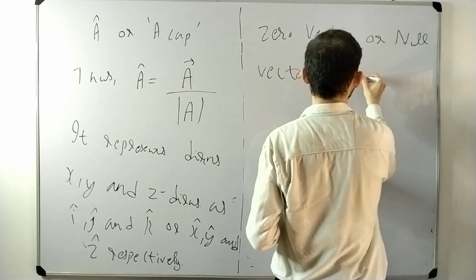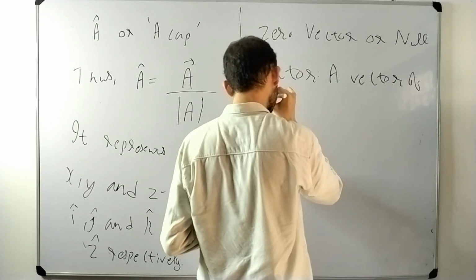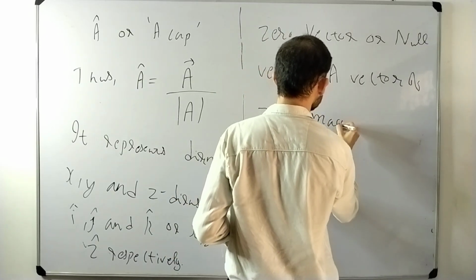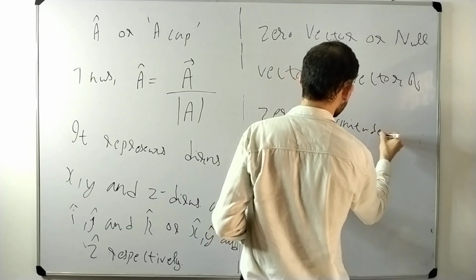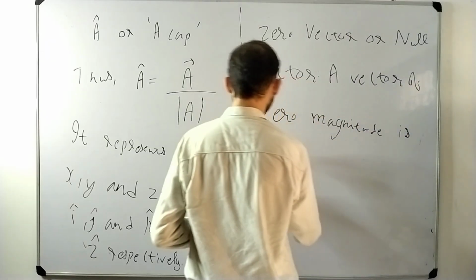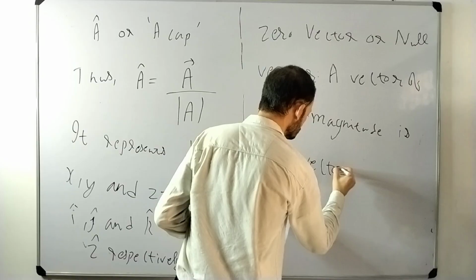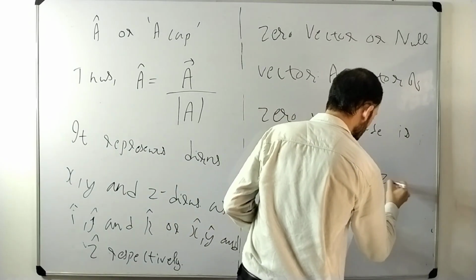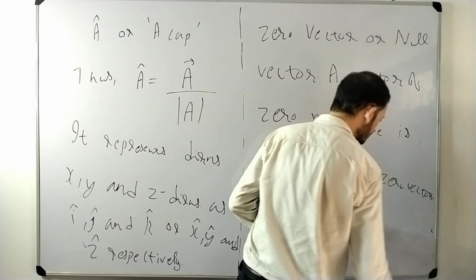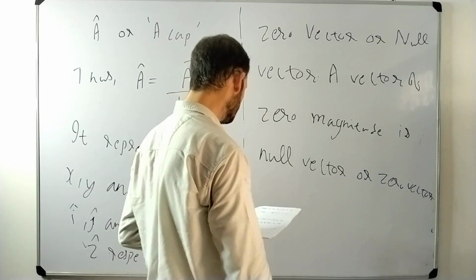A vector of zero magnitude is a null vector or zero vector. You would be asking, sir, why are we studying this zero vector? Let me tell you why.